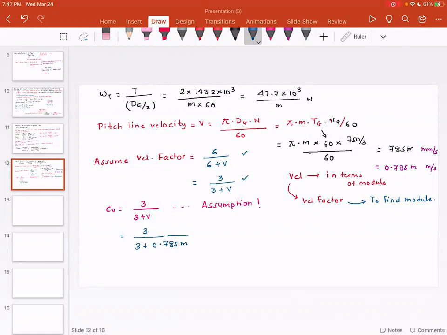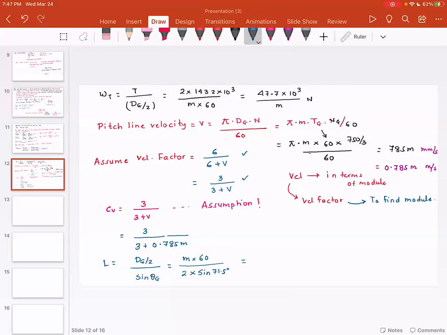And we need to find out the length of the pitch cone, which is diameter of the gear divided by 2 divided by sine of theta gear. Diameter of the gear is module multiplied by number of teeth, which is 60, divided by 2 multiplied by sine of 71.5 degrees.